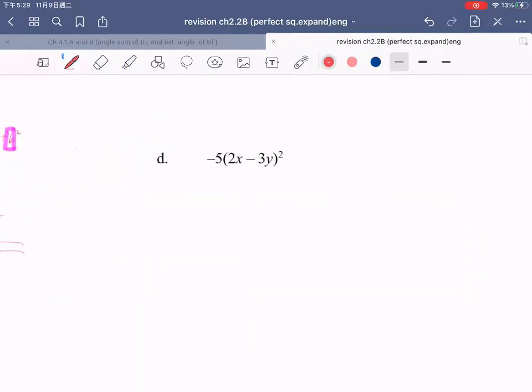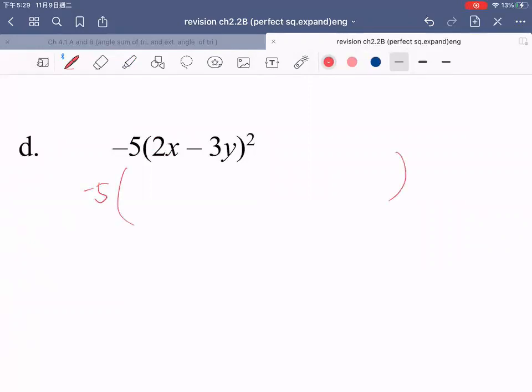Last one. Again, we have negative 5 there, then just leave negative 5 there first. Then we have again (a minus b) bracket square, which is a square minus 2ab plus b square.